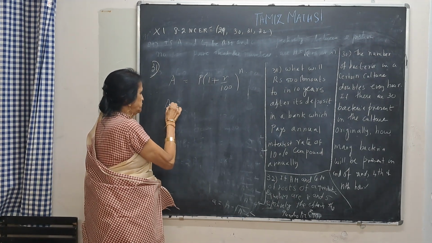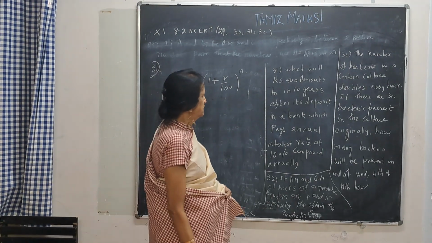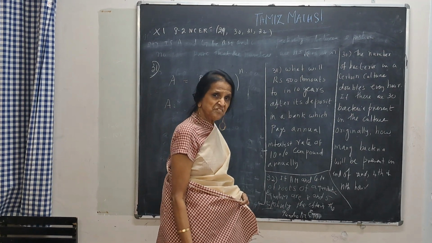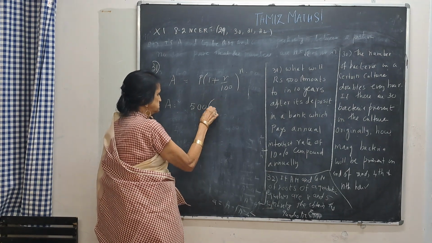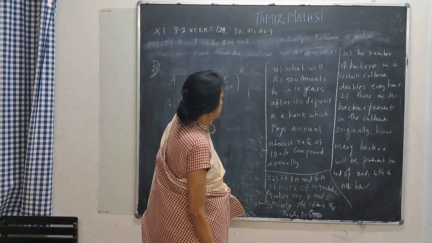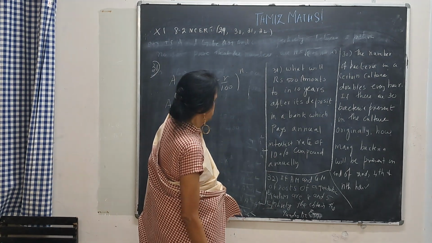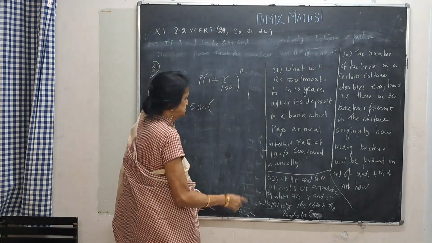The amount you get. What's the principal here? Rupees 500. Amount in 10 years, so n is 10 and R is 10%.